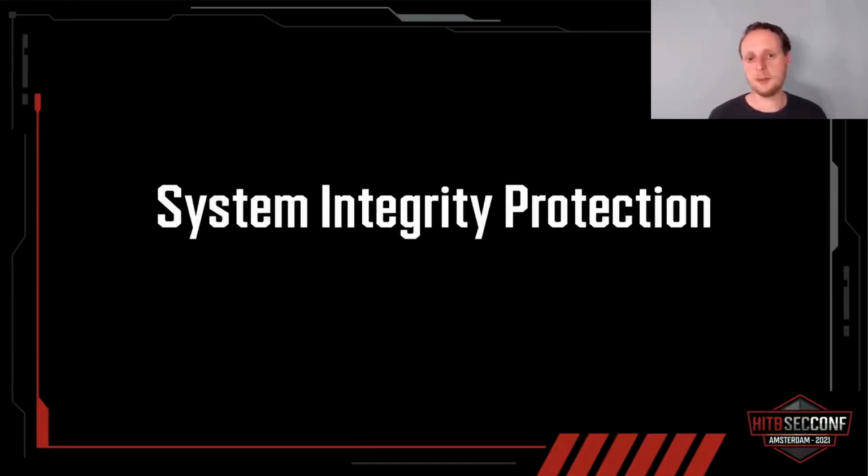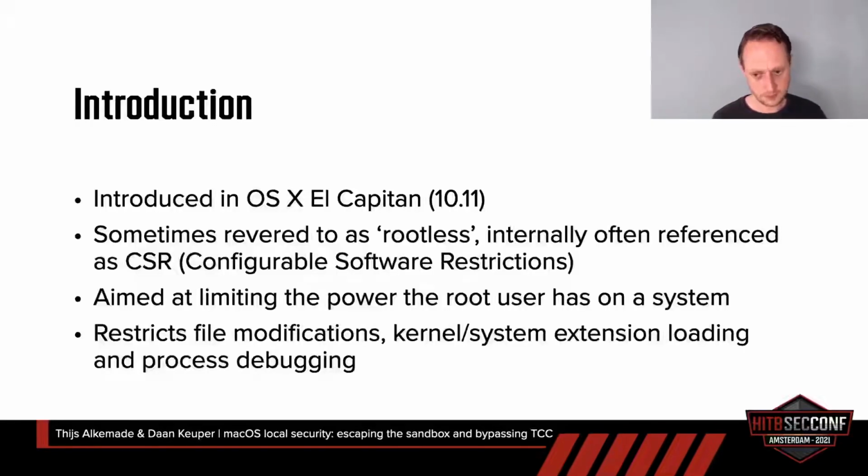The next protection mechanism we would like to talk to you about is System Integrity Protection, or SIP. It was released in macOS El Capitan 10. It is sometimes referred to as rootless, and internally it's often referred to as CSR, which stands for Configurable Software Restrictions, and it is aimed at limiting the power the root user has on a system.